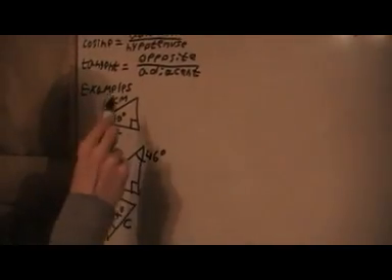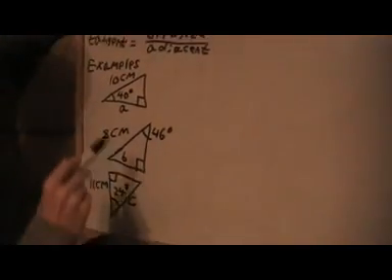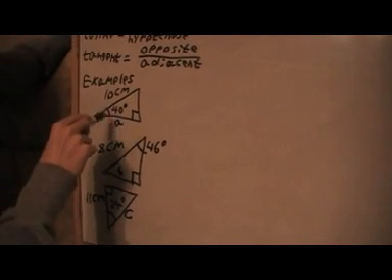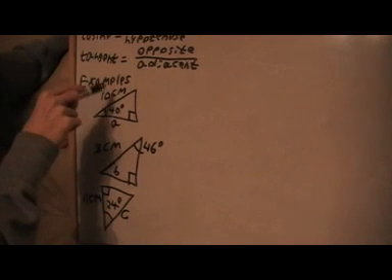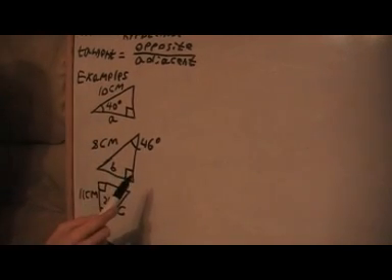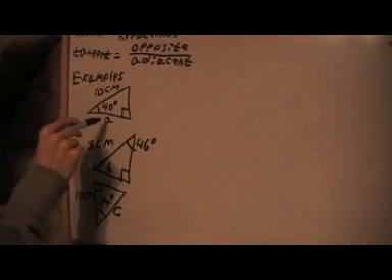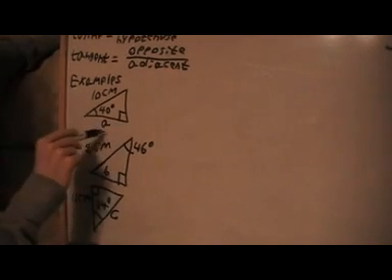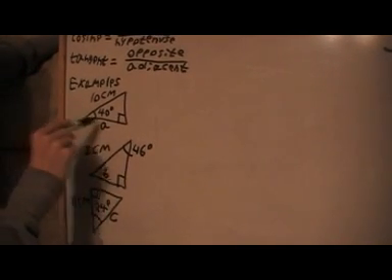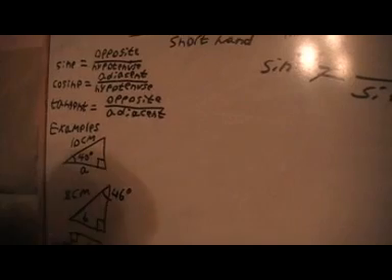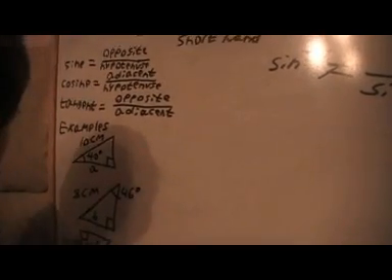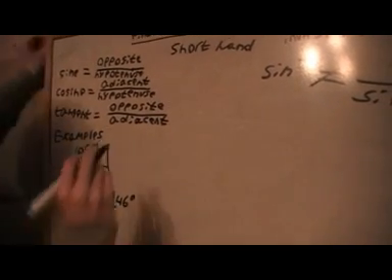Okay, so on this one we're given the angle 40 degrees here, and we're told that the hypotenuse here is 10 centimeters, and we want to find this length here on the bottom, A, which is the adjacent side to the angle we're given. So for this problem we're going to use the cosine.